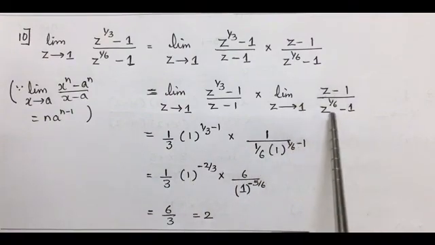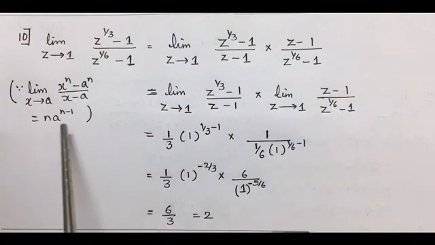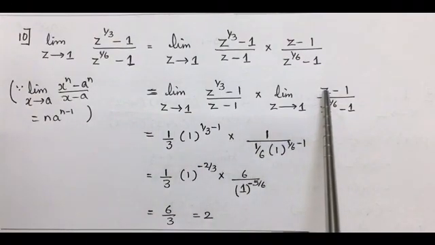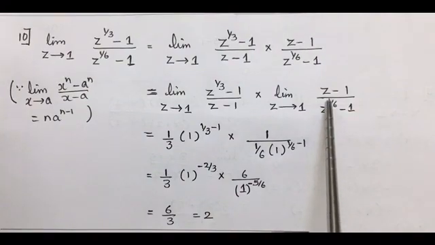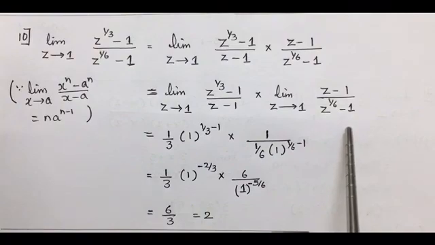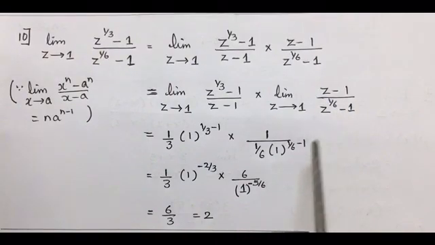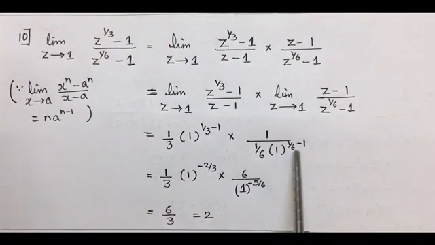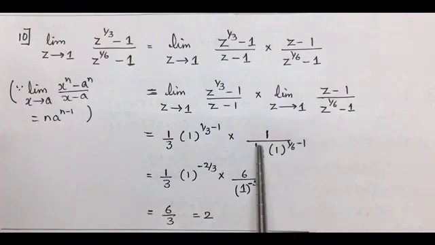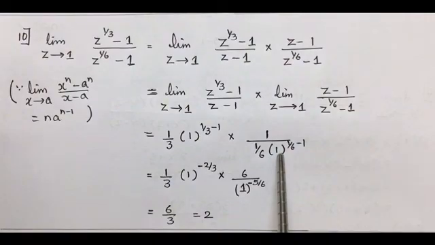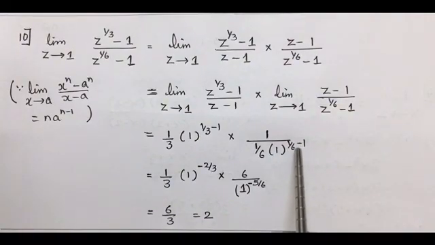And in the second case, the same formula, but we have to use it in reciprocal, because z raised to 1 by 6 minus 1 is in the denominator. So the formula will be used in the denominator. So 1 upon, in the place of n we have to keep 1 by 6. In the place of a it is 1 raised to 1 by 6 minus 1.